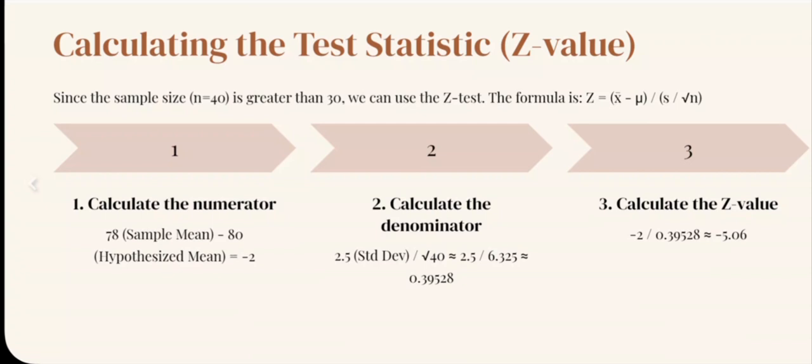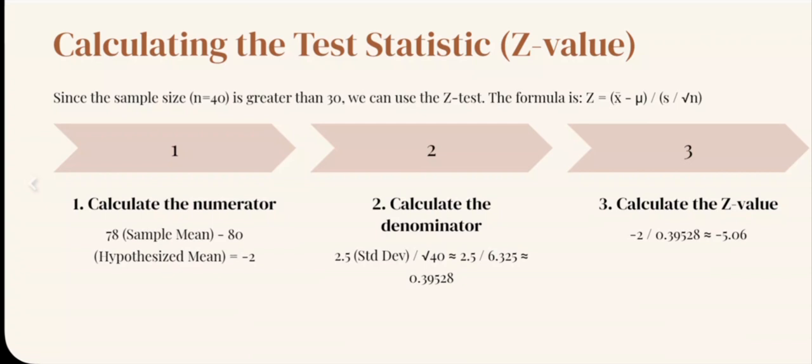And 2.5 divided by the square root of 40, as a decimal, is about 0.39528. So negative 2 divided by that number gives us a calculated z-value of approximately negative 5.06.